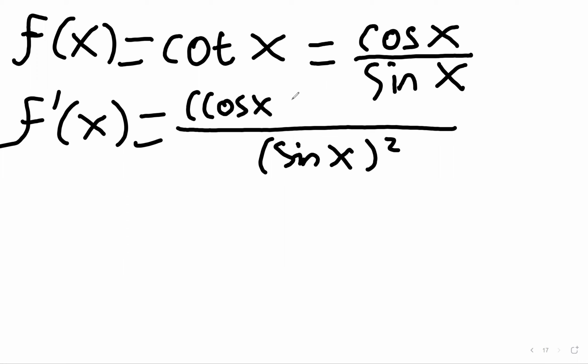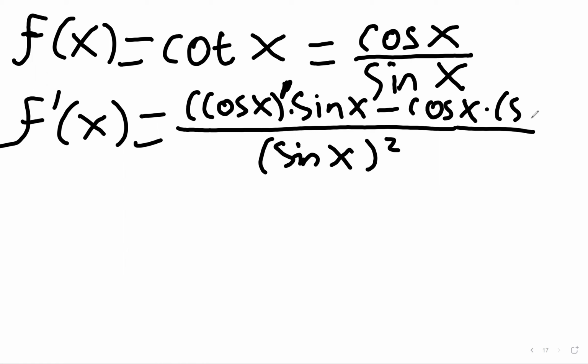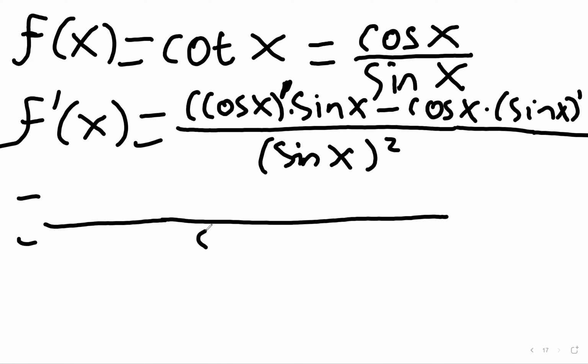Derivative of cosine of x, I will use the abbreviation like this, multiplied by sine of x, minus cosine of x multiplied by the derivative of sine of x, all over sine square of x.